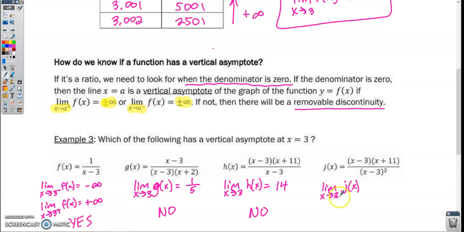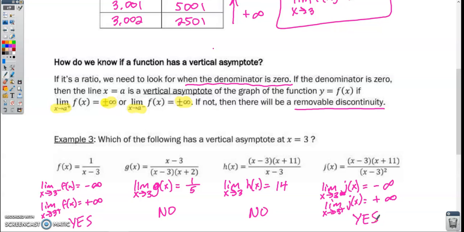And you can verify this for yourself if you want to go and type this into your calculator, but the limit as x approaches 3 from the left is negative infinity, and the limit as x approaches 3 from the right here is positive infinity, and therefore this function does indeed have a vertical asymptote at x equals 3.